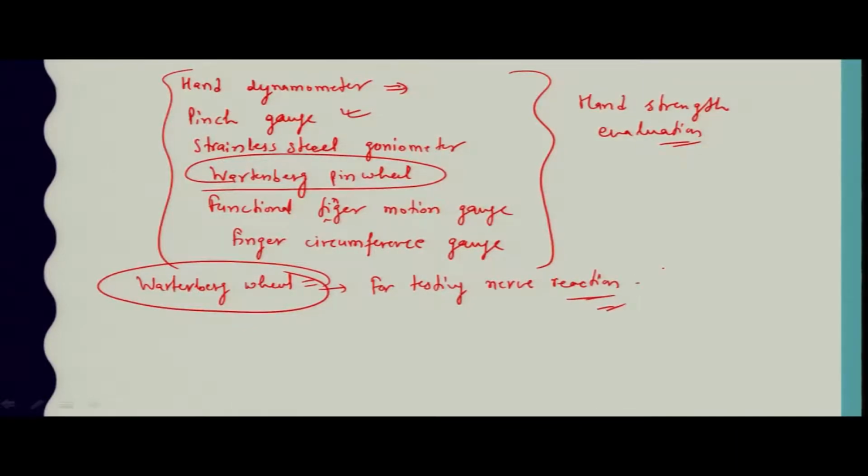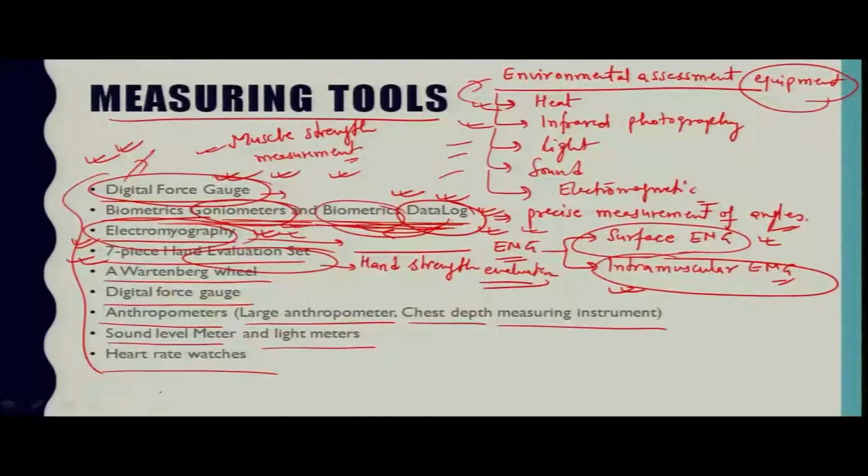So this was all about the possible measuring tools, and obviously anthropometers are nothing but the tools for study of the human body and its movement and other measuring dimensions.